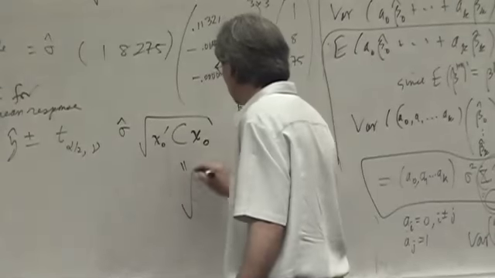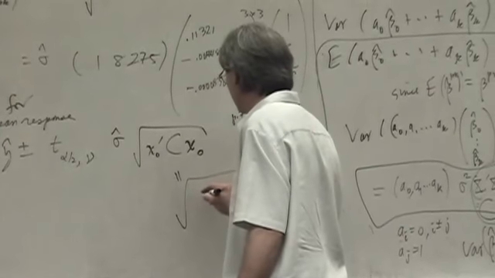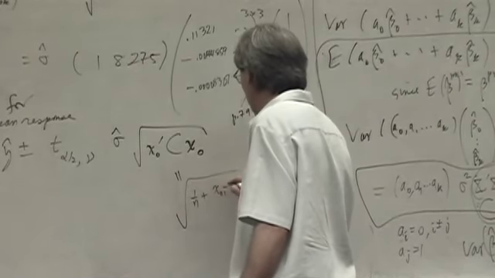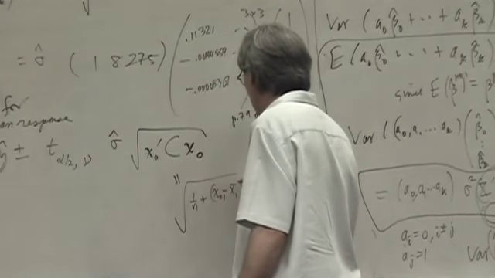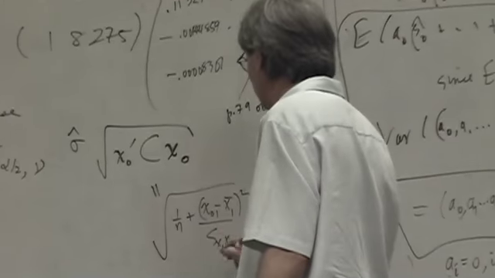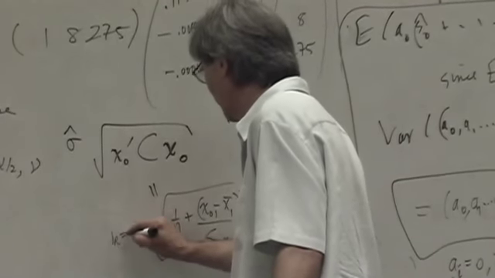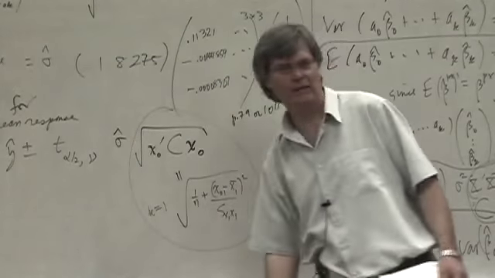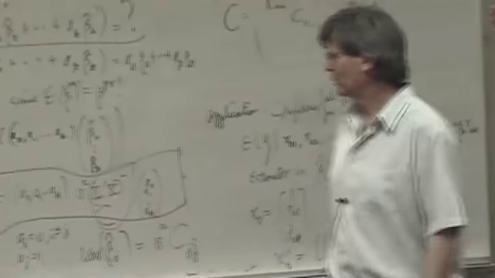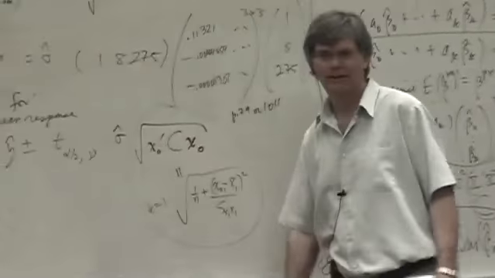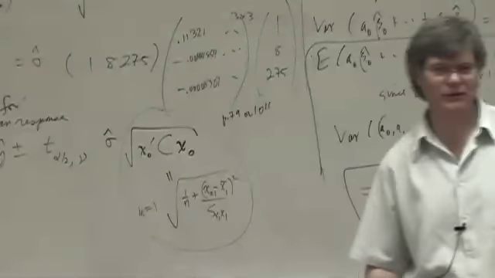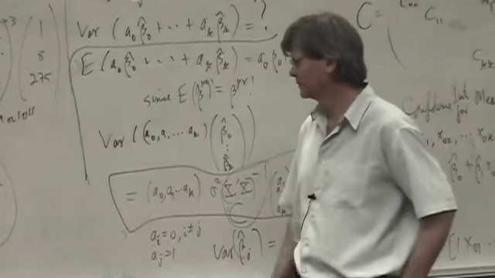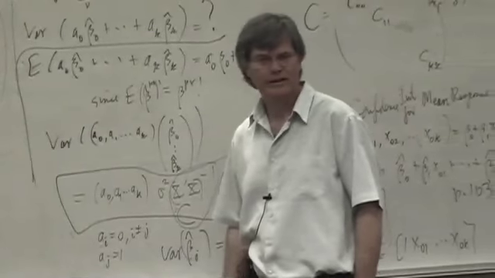It equals 1 over n plus x01 minus x1 bar squared over S x1 x1, in simple linear regression when k is equal to 1. This term right here corresponds exactly to that. And so the prediction interval you could obtain by adding 1 to this x0 prime C x0. So it's exactly that thing.